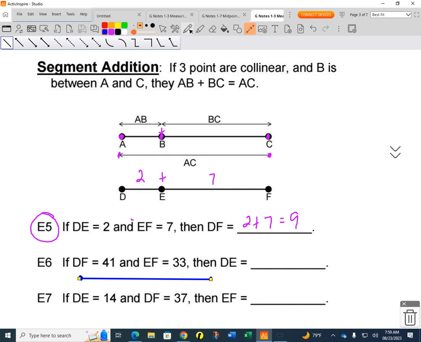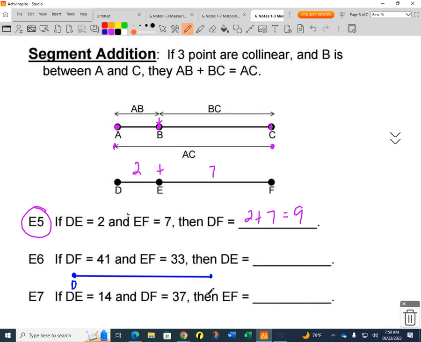So DF, and I'm going to put E somewhere in here. It doesn't have to look exactly the same length or anything. If all of DF is 41 and EF is 33, so this whole thing is 41, and EF is 33, then how long is DE?